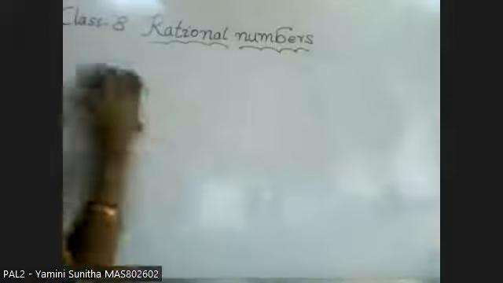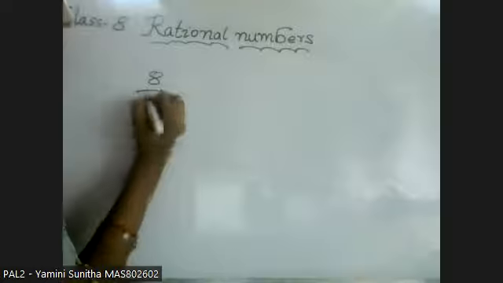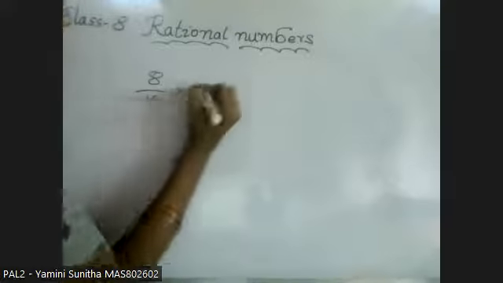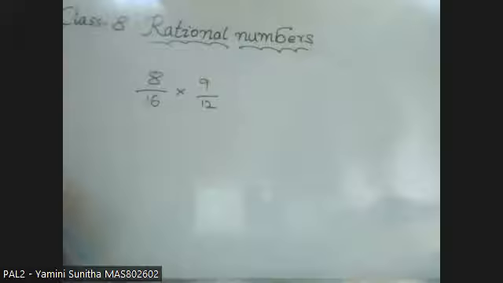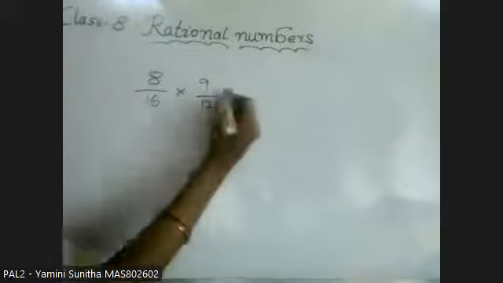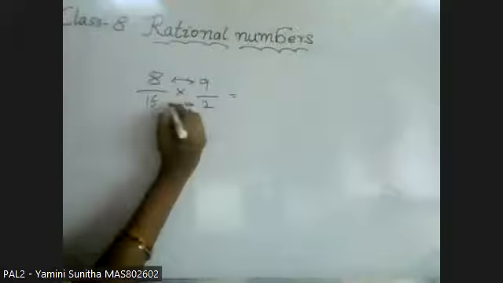Another example, let us take 8 by 16 into 9 by 12. Here we have to multiply the numerators, multiply the denominators.